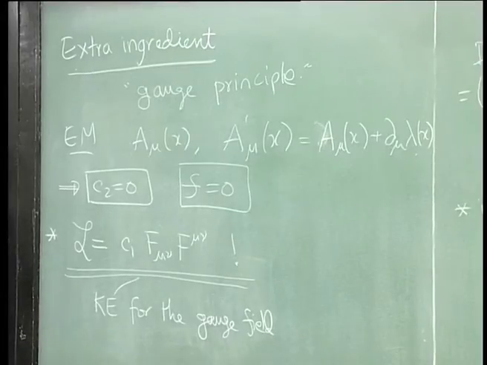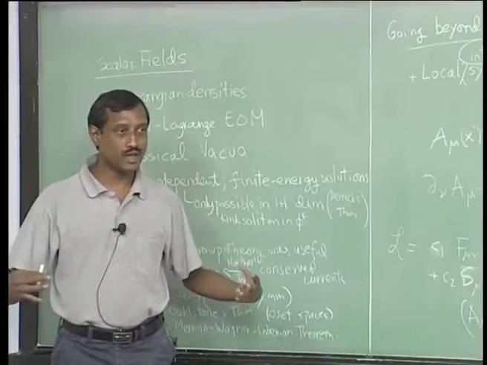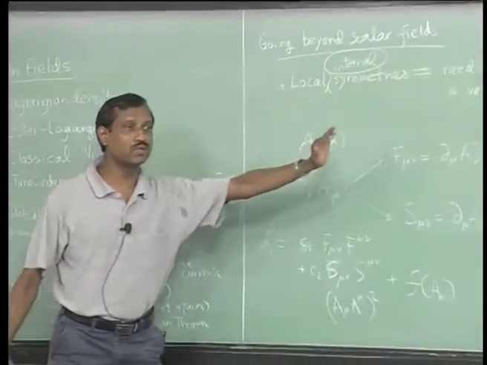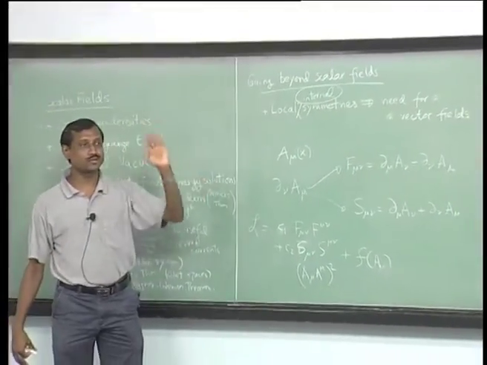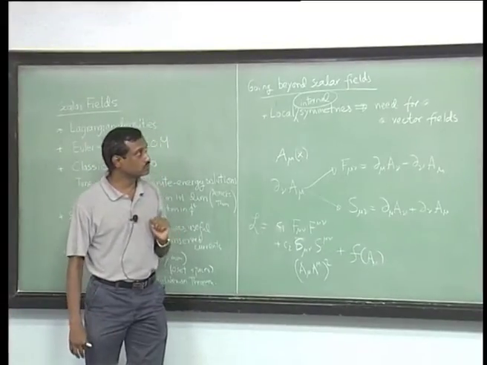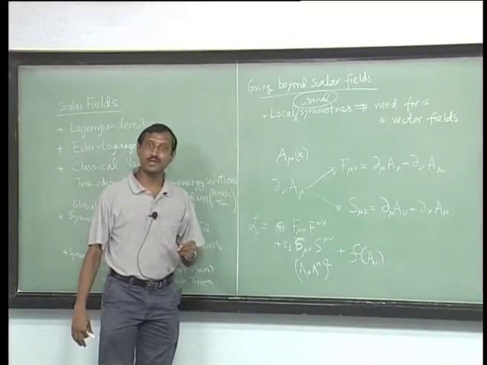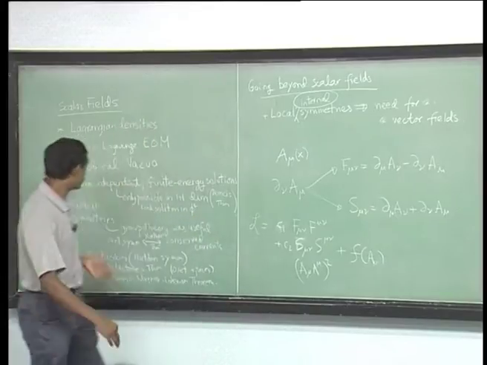So the next part of this course will include settings where we have vector fields as well as scalar fields in your theory, and we will convert global symmetries to gauge or local symmetries and see what happens, and we will go through this whole thing.